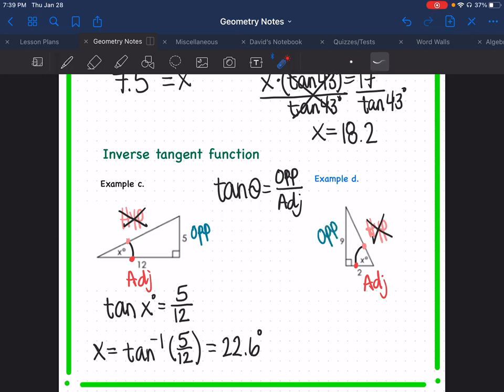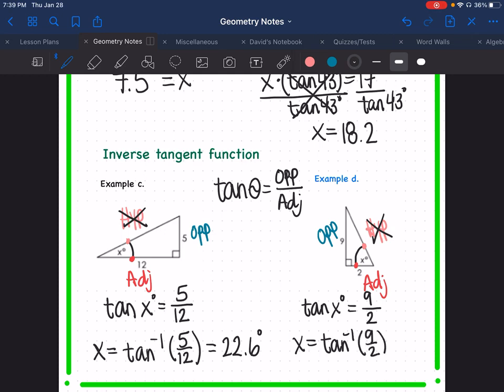So once again, I'm choosing tangent because I see O and A, and because they're the only ones that have O and A. Tangent of theta, which is x, equals opposite 9 over adjacent 2. Because my x is next to the trig function, I'm going to use the inverse, 9 divided by 2.